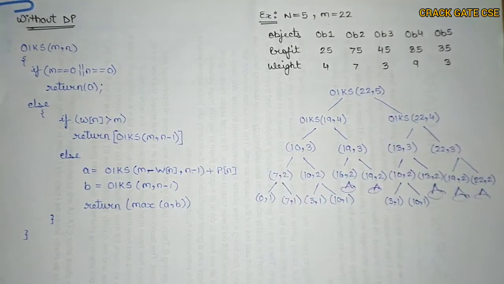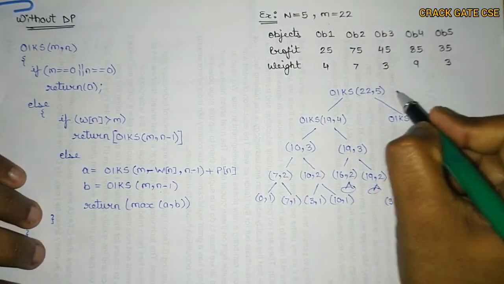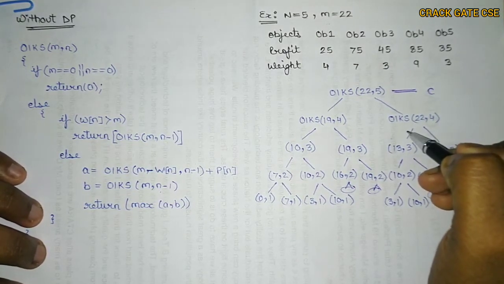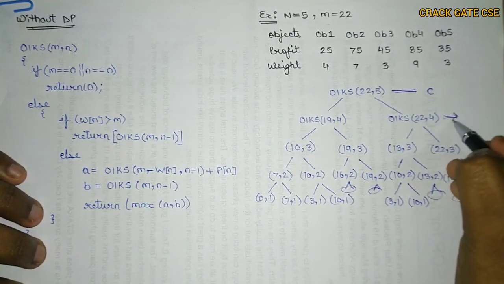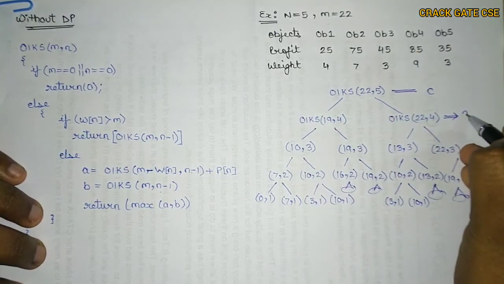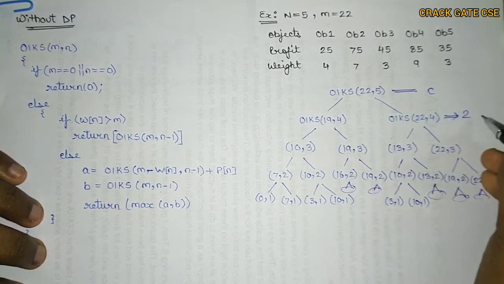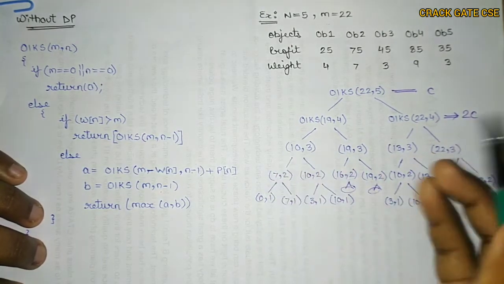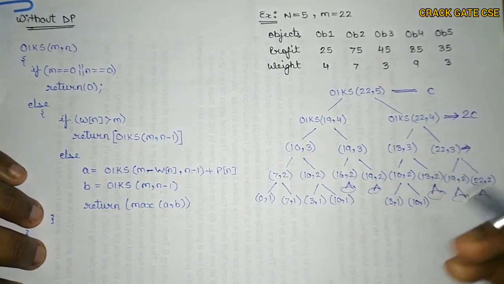Now after this, you can see that this is a function which can be solved in a constant amount of time, but in the next level it has been divided into 2 parts, and the individual parts can be solved in constant time. In the third level, it has been divided into 4 parts.